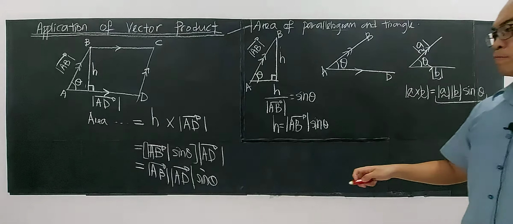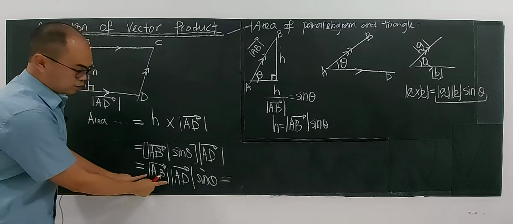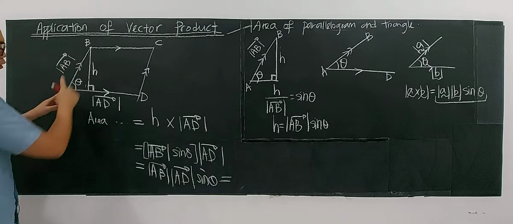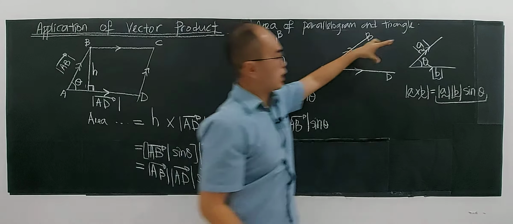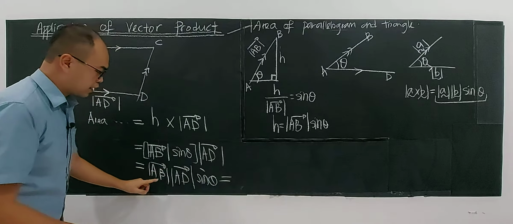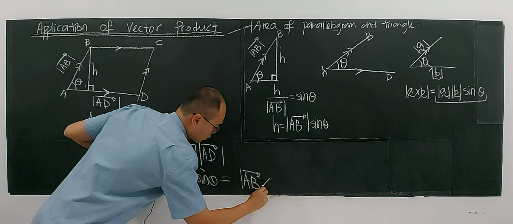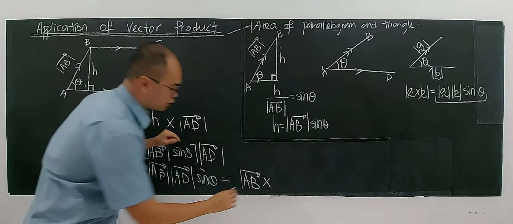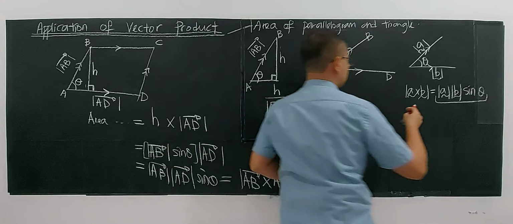Same thing here. If you look carefully, AB and AD are just like A and B. So I can assume this to be AB cross with AD.